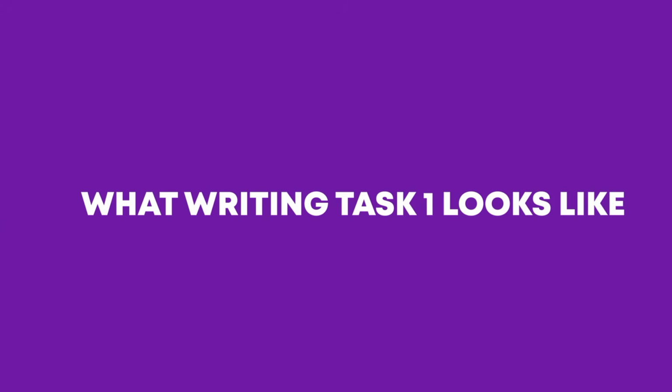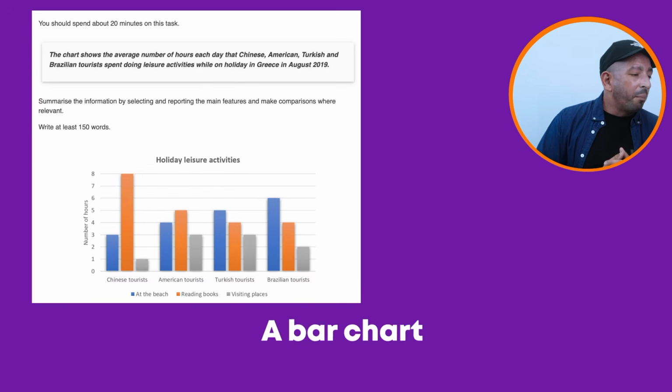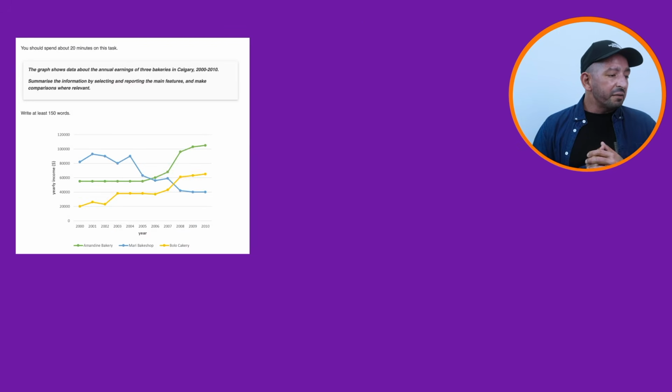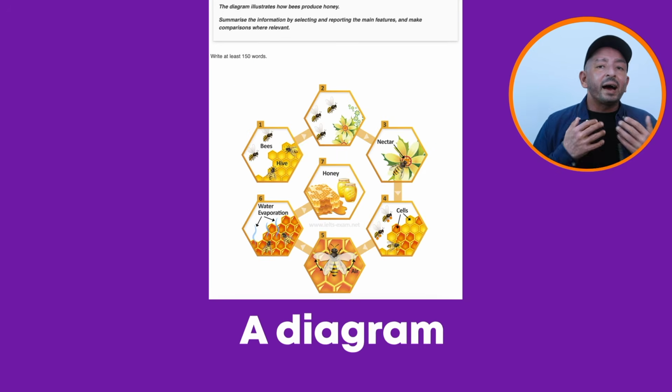Now, let's look at what writing task 1 actually looks like. Now, in academic writing task 1, you will be presented with an image of one of the following: either a bar chart, a line graph, a table, a pie chart, or a diagram.